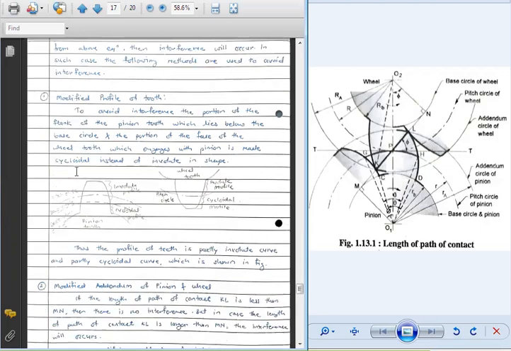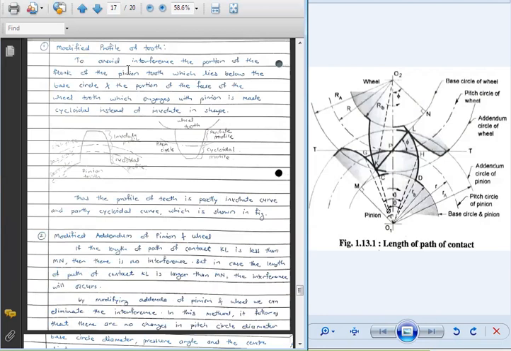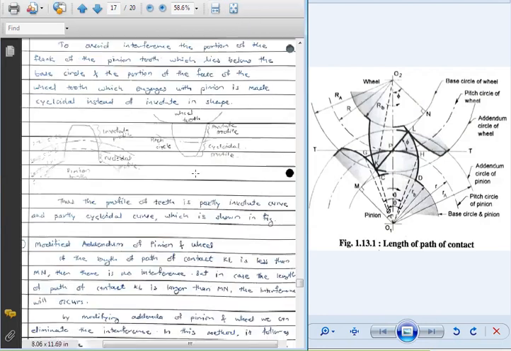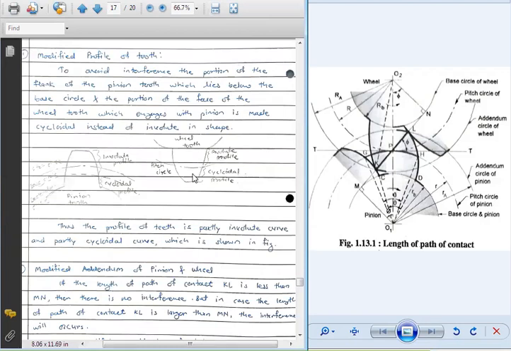So the very first method is to modify the profile of the tooth. That is the first method by which we can avoid the interference. Now see how we can do it.